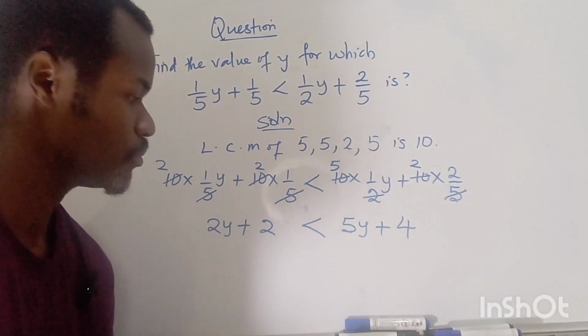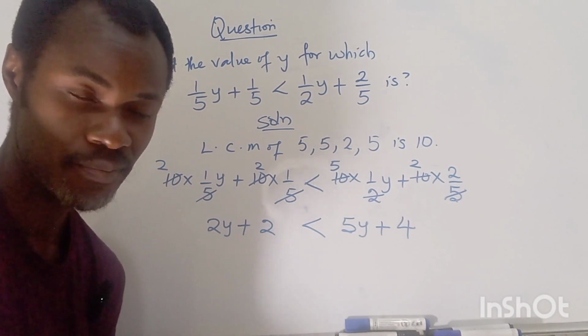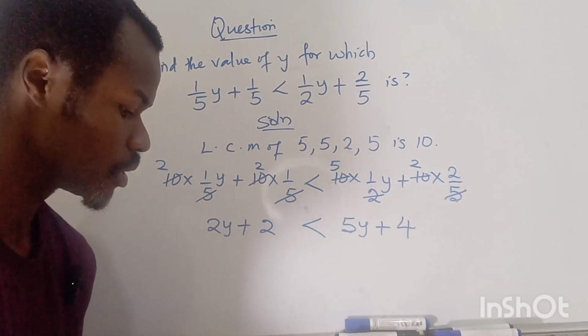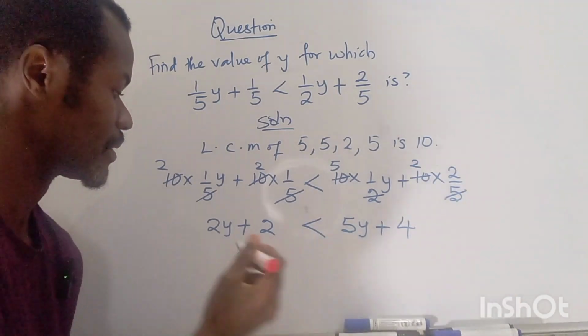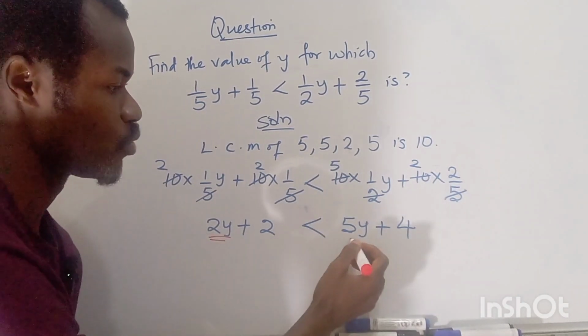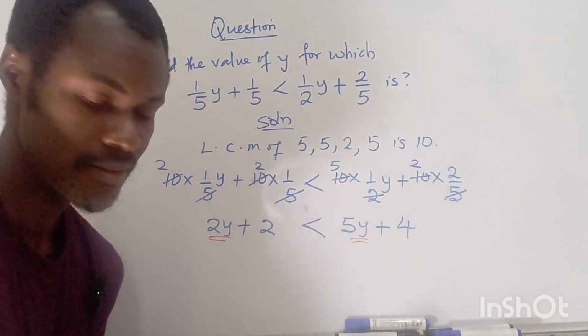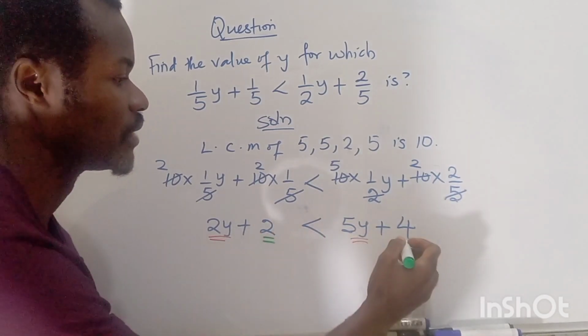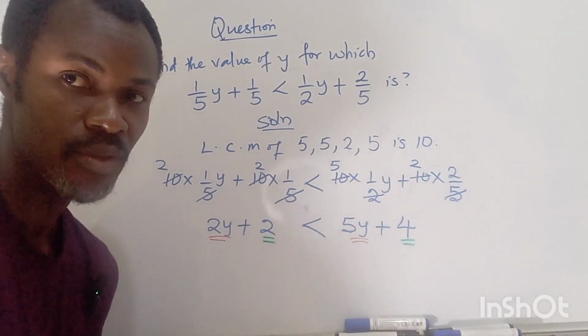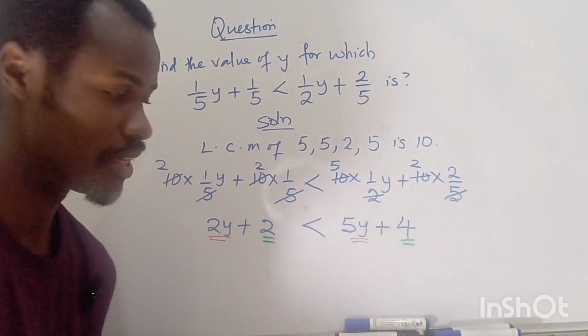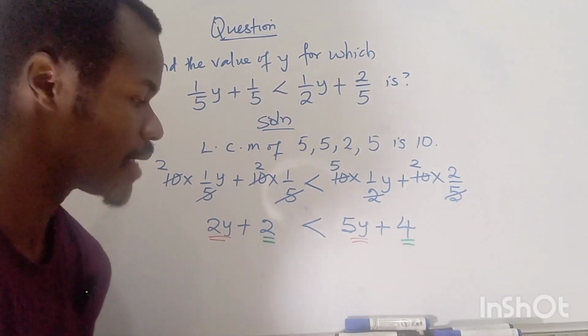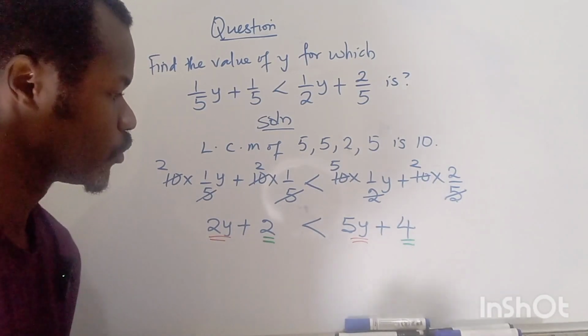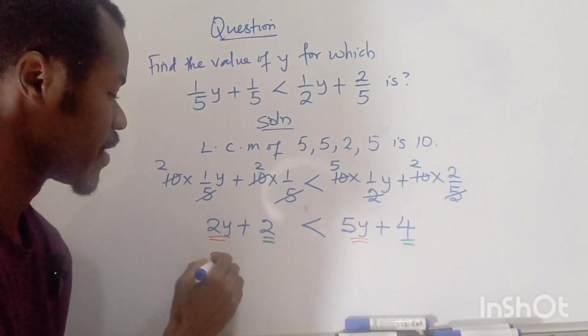So we have to collect like terms. We can see that y here and y here are alike, and 2 here and 4 here are alike. So we have to keep them on one side. We have 2y here.